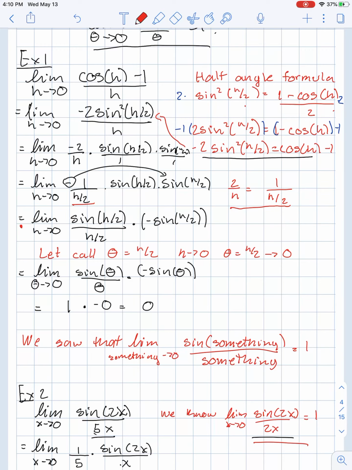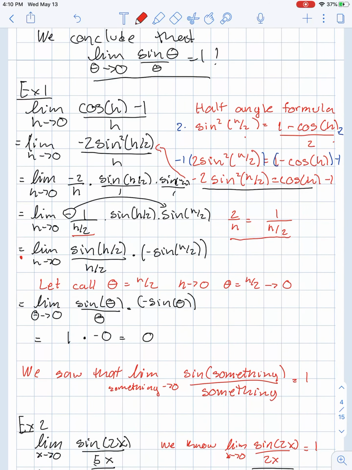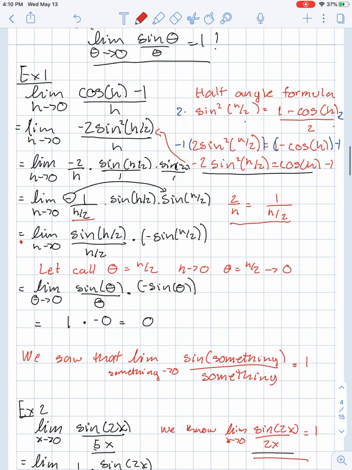Okay? Well, I know that sine of theta over theta as theta goes to 0 is 1, but now I have h divided by 2. So let's just call theta h divided by 2. As h goes to 0, theta is also going to go to 0, right? 0 over 2 is still 0.